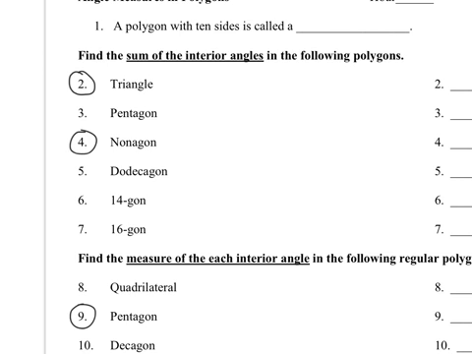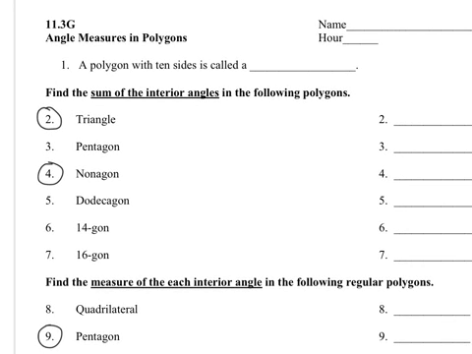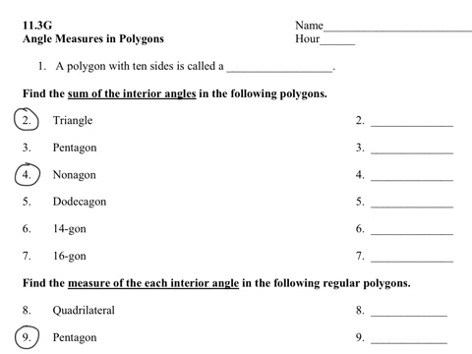So first, let's take a look at problem number 2. Find the sum of the interior angles in the following polygons. Well, we know from class today that the equation for finding the sum of the interior angles in a polygon is n minus 2 times 180.